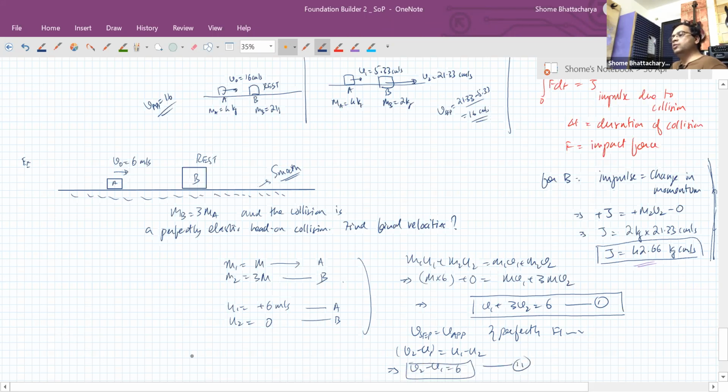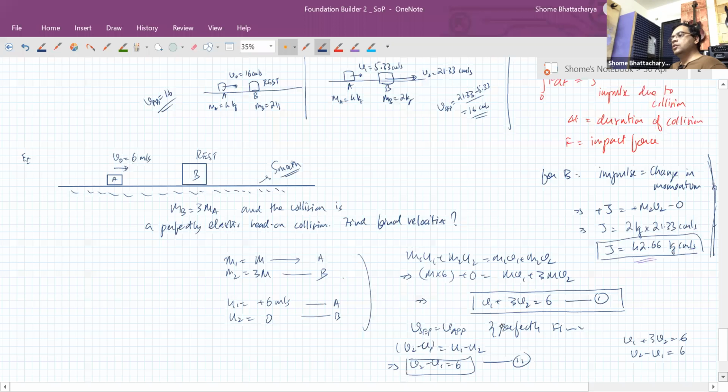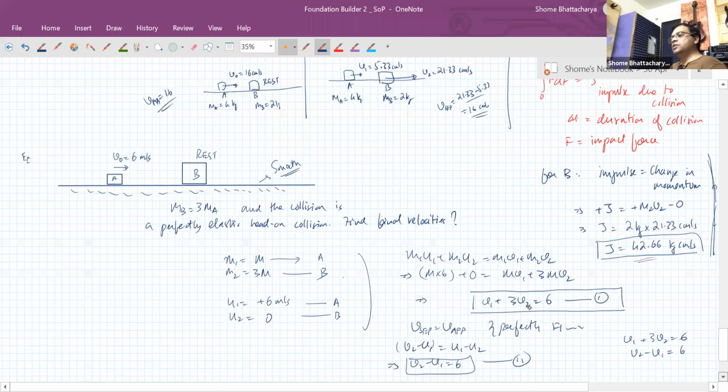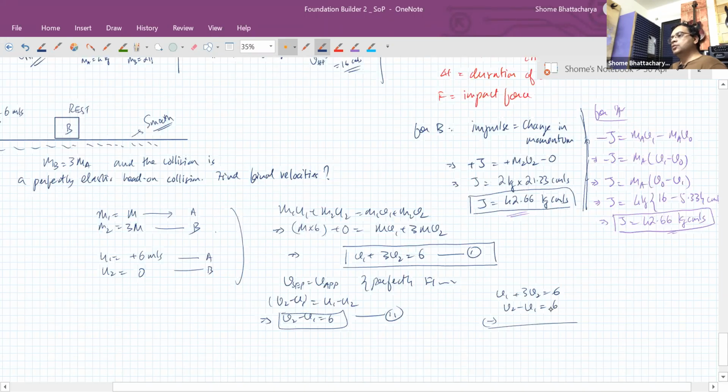So same method. Now you compare the two equations. V1 plus 3V2 is equal to 6, and V2 minus V1 is also equal to 6. You can add the two equations, or you can also subtract them, it doesn't matter, whatever you choose to do.